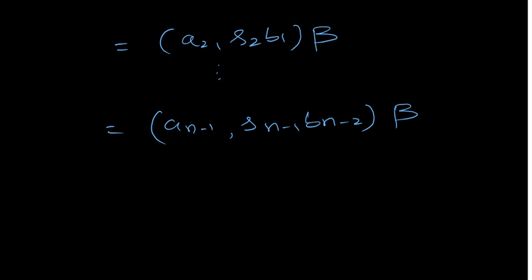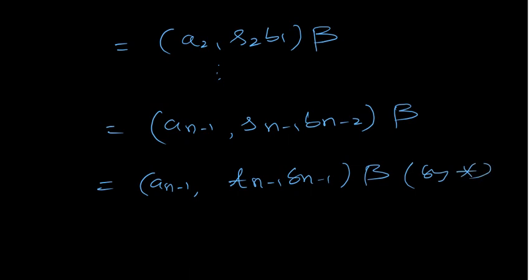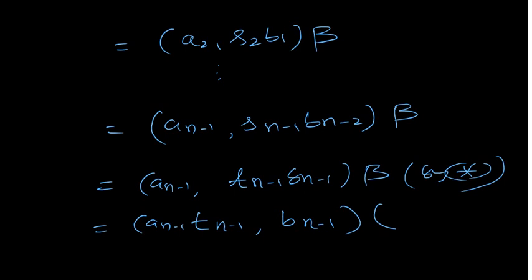But this sn-1 bn-2 is equal to tn-1 bn-1 of beta by star, and that's equal to (an-1 tn-1, bn-1), as beta is a bimap.